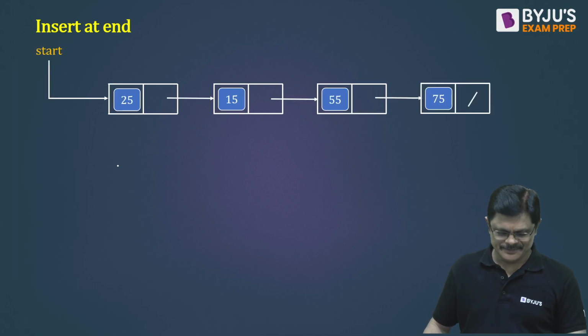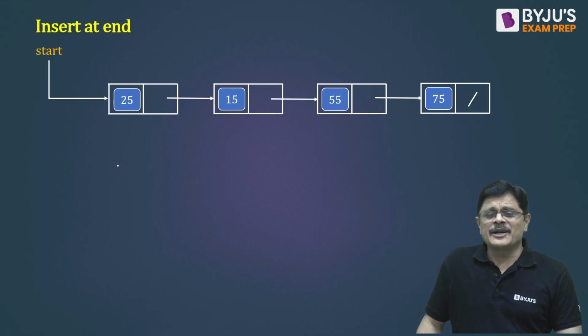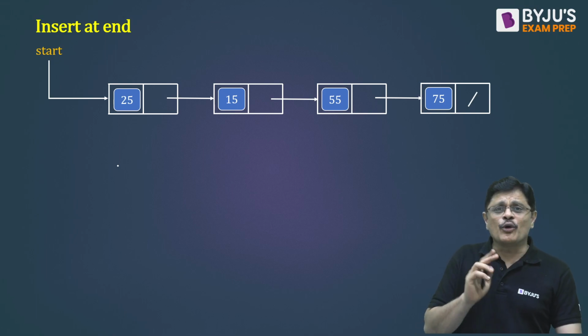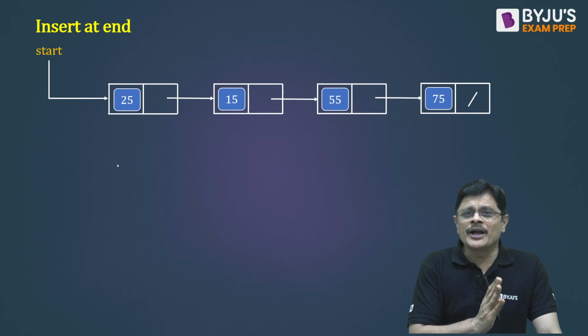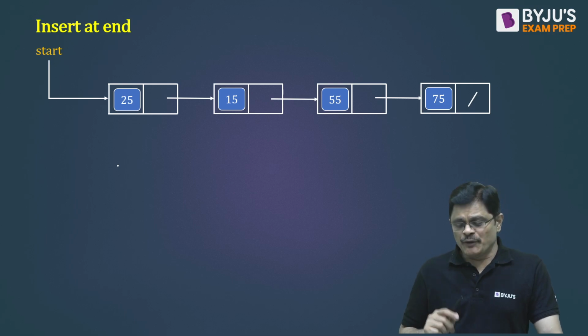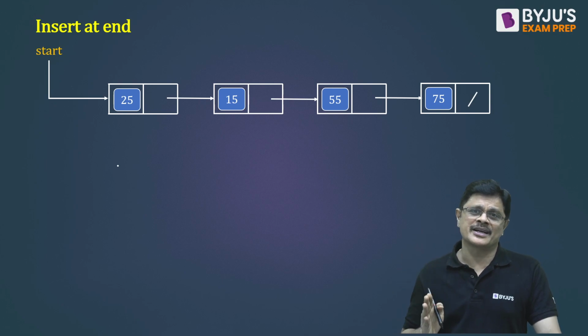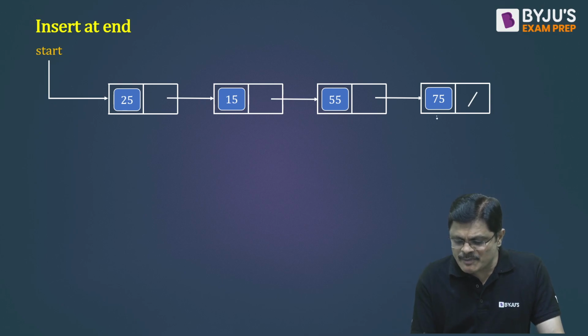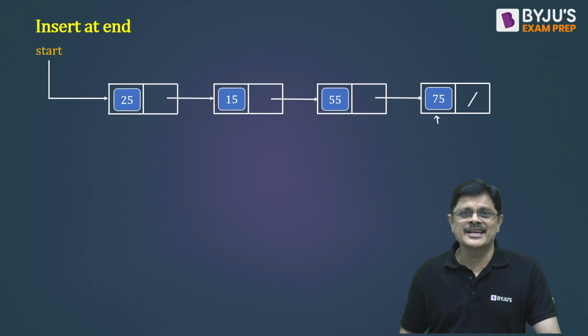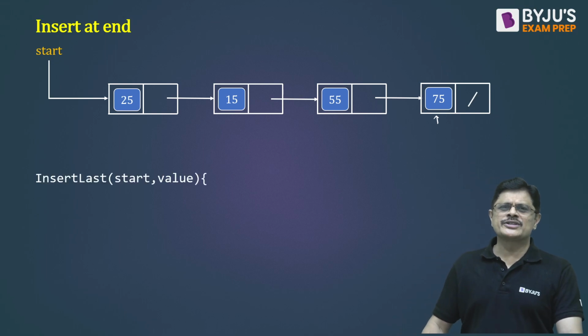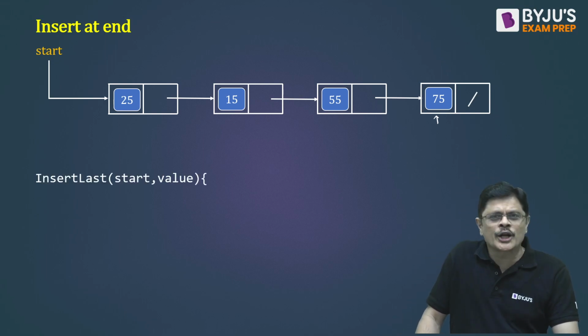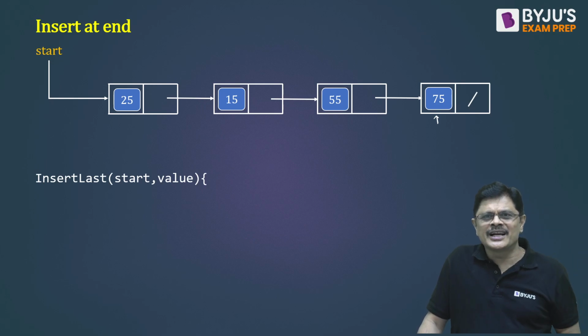Now let us see how to insert a node at the end of a singly linked list, my dear friends. In this particular case, we have only one pointer, that is the pointer to the first node. If you want to insert at the end, that is after the last node, you need to traverse up to this particular node. So let us see how you traverse, then how you insert a new node at the end of a singly linked list. Suppose this function is called with the arguments, that is start of the linked list and the new value which you want to insert.